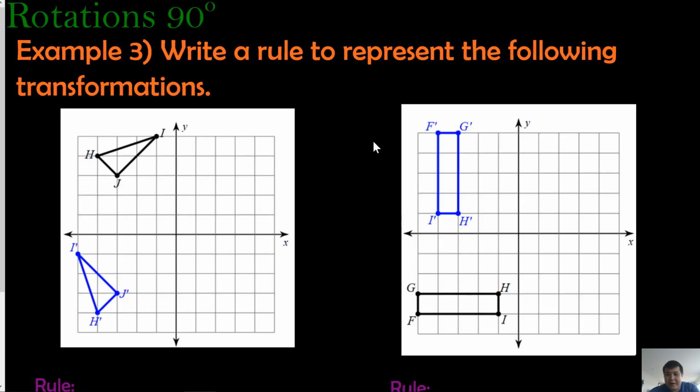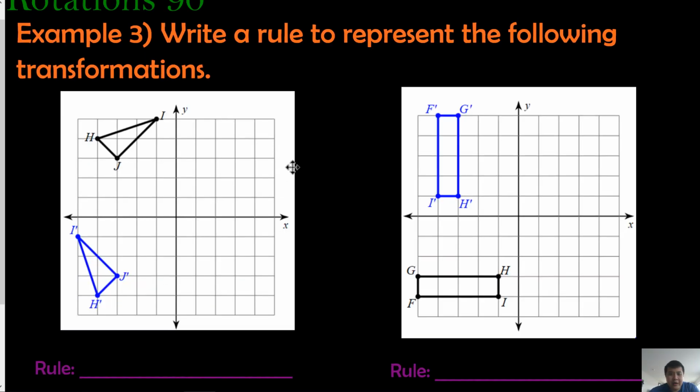So here we have to find out what the rule is. Okay, this is clearly a rotation, because this is negative 1, 5, and this becomes negative 5, negative 1. Okay, it's very important to identify which one's the pre-image, which is this black one, and then which one is the image. This is the image right here. So we're going counterclockwise by 90 degrees.